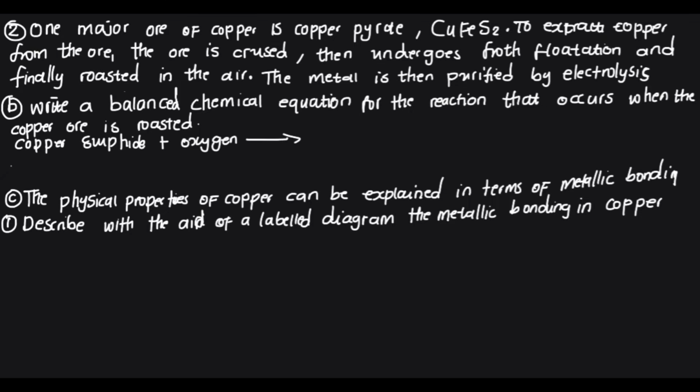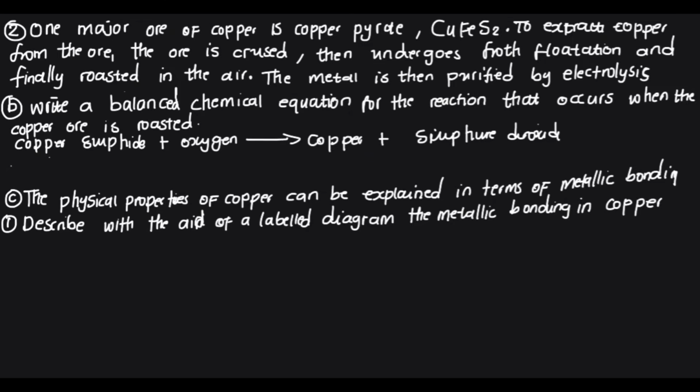This removes the sulfide from copper, giving us copper. Now the sulfur will react with oxygen, giving us sulfur dioxide. So this is the reaction that we are talking about.